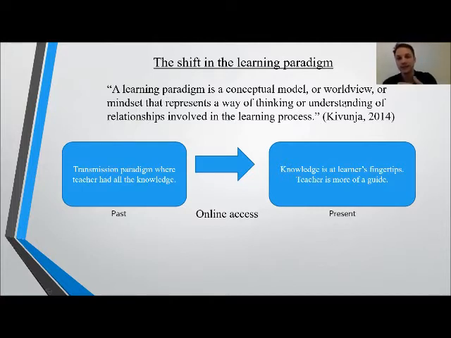And throughout, I put citations that you can see in the references section in case you want to read these peer-reviewed journal articles. In the past, it was a transmission paradigm where the teacher had all the knowledge. So they were transmitting the knowledge they had to the students. So you had to go to class to get the knowledge.